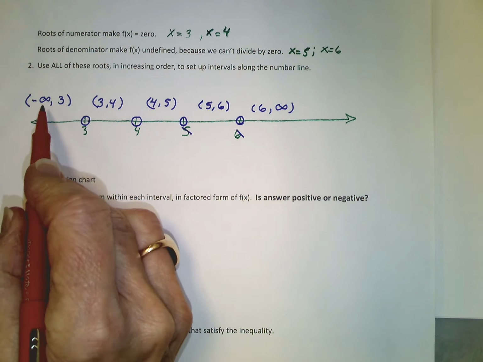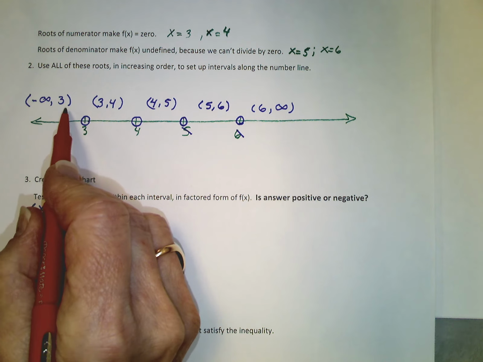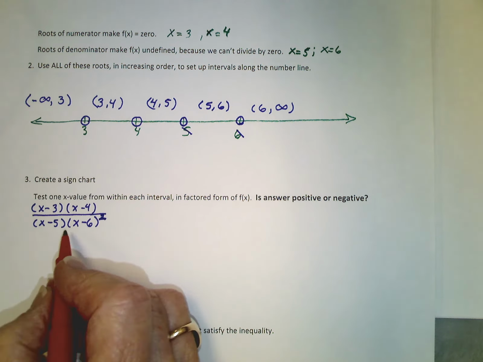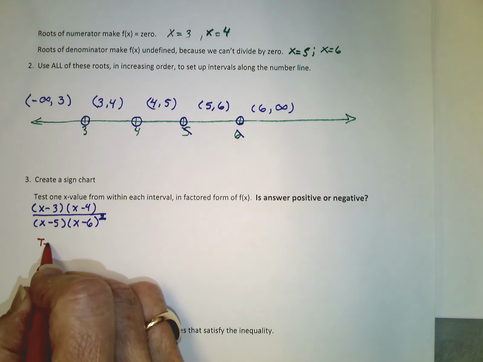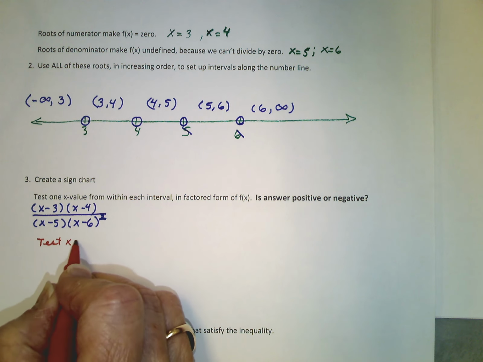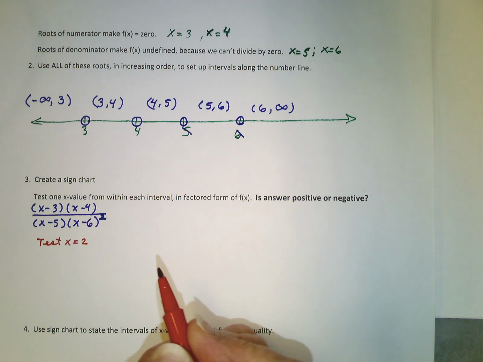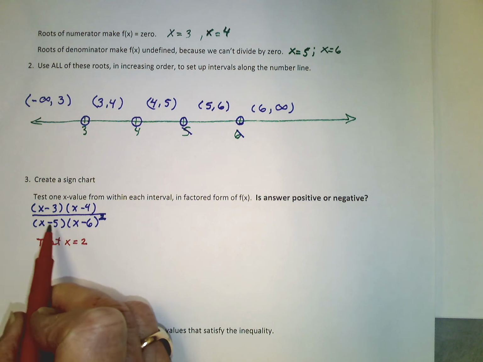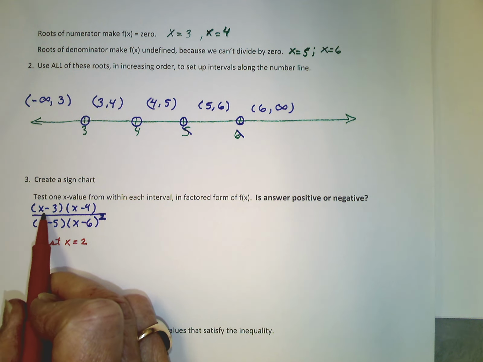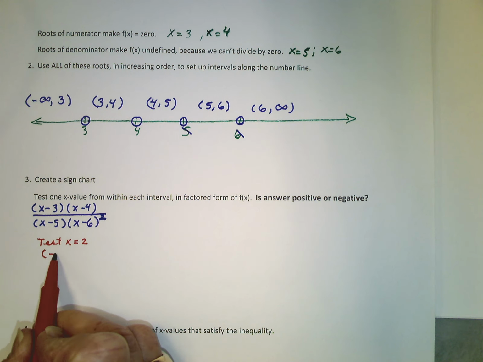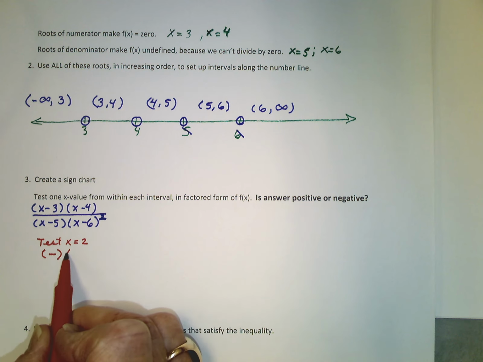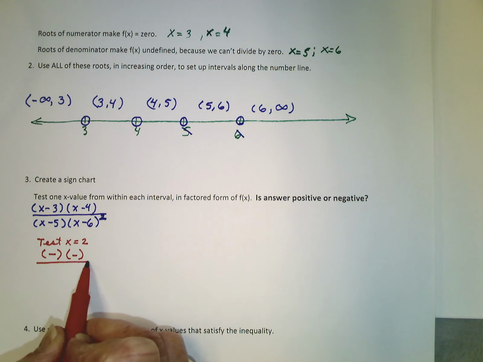So for the first interval, negative infinity to 3, we need basically a number that's lower than 3. I chose to test 2. So I just want to know if it's positive or negative. If we put a 2 in here, this parentheses 2 minus 3 is going to come out negative. 2 minus 4 is going to come out negative.